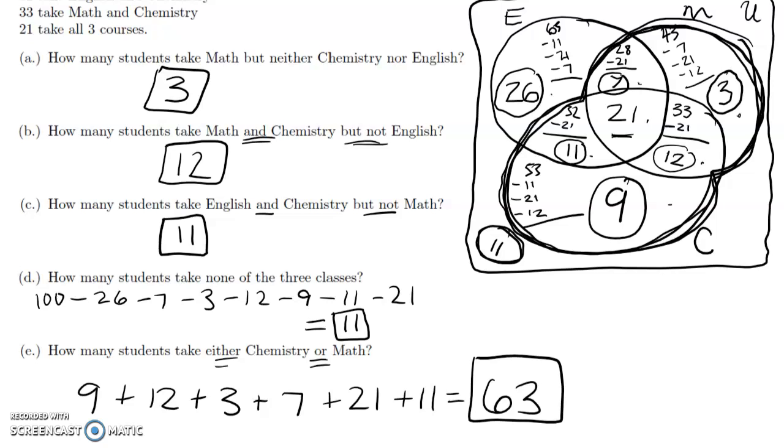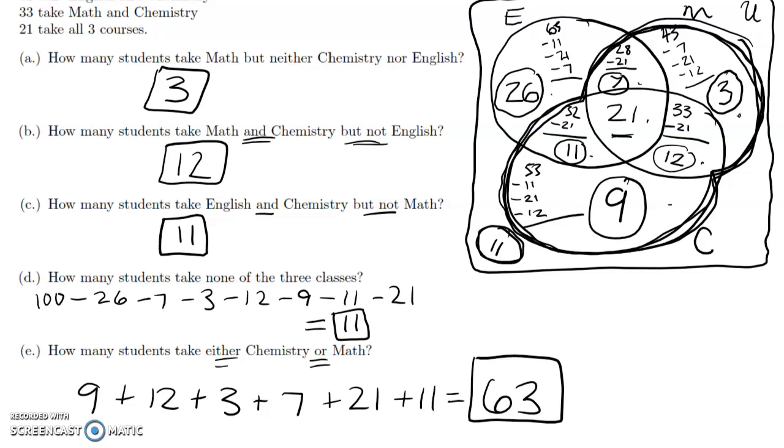Now notice, remember that an or means one or the other or both. It's fine to take both chemistry and math for a question like this. So that's that 21 and the 12 are included in this. It doesn't say chemistry or math, but not both, right? That was like one of the parts of the previous questions that we did on this worksheet.